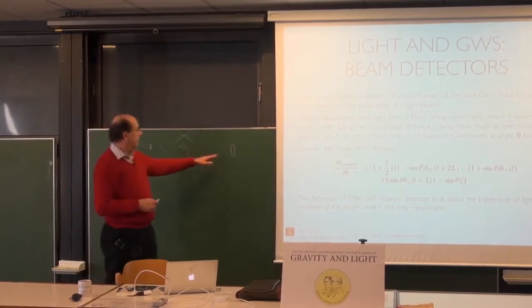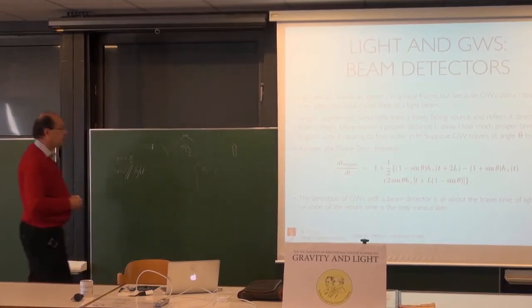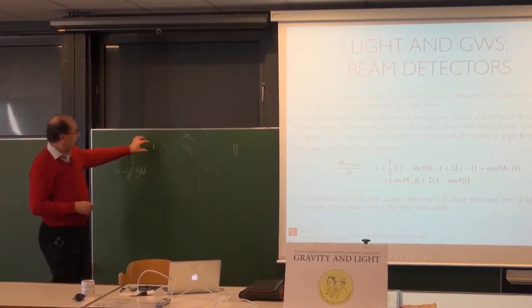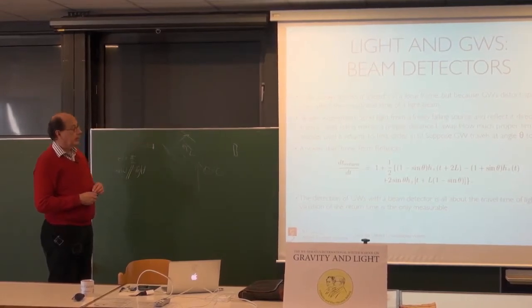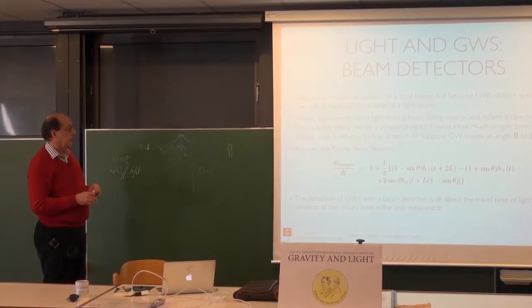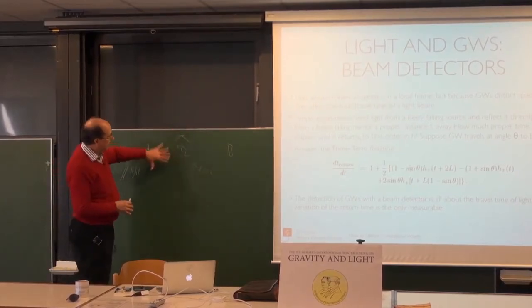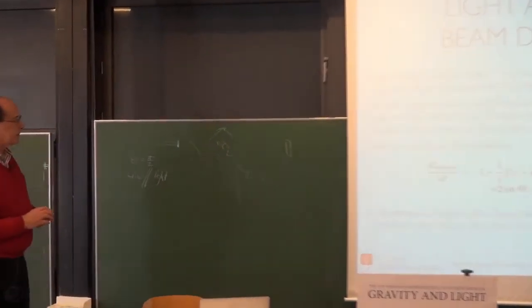And it isn't even affected by when the light is bouncing off the mirror. That's interesting. It's just the gravitational wave amplitudes at the emission and return time that matter for the signal. So that's with theta equals 0. But if you have an intermediate theta, then this term, the mirror term, does have some effect.